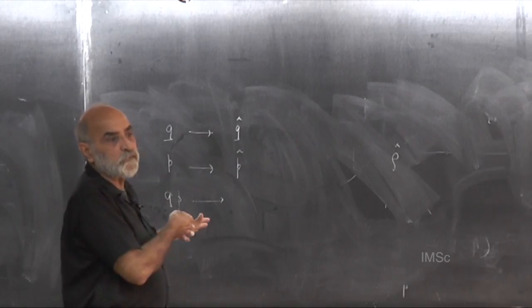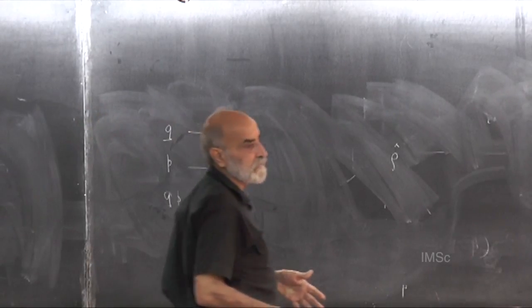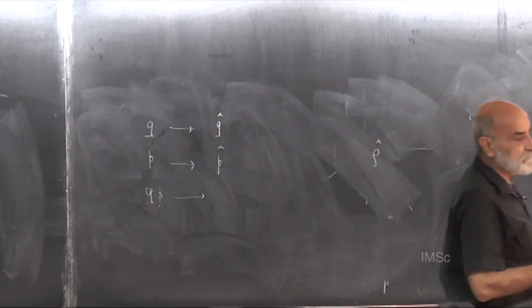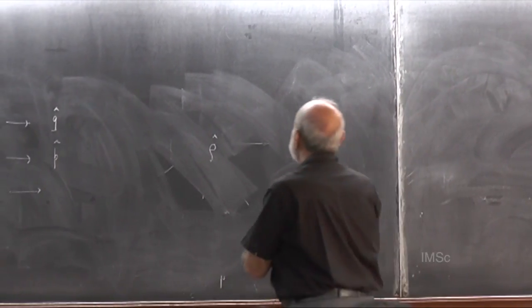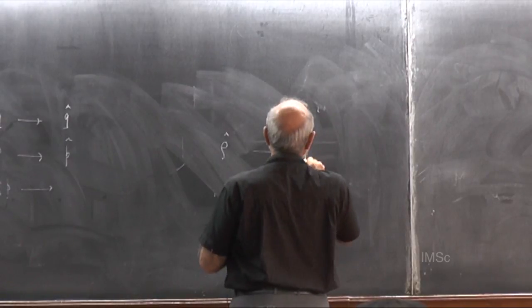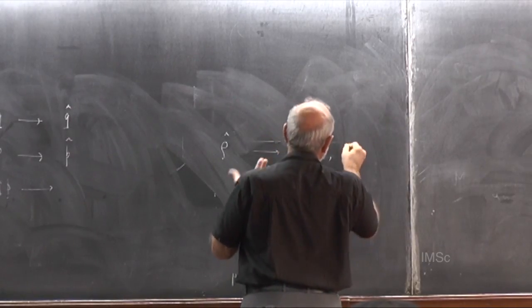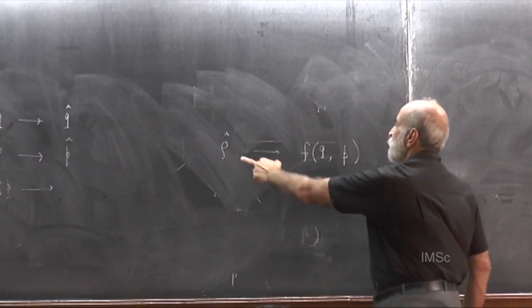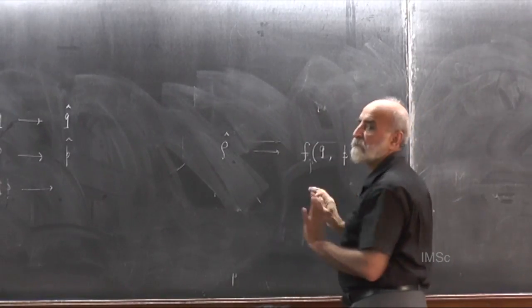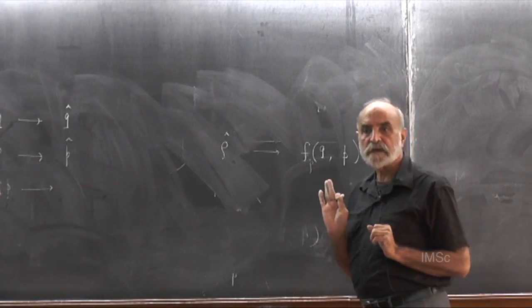What we are going to do is look at various possibilities that exist and have been discussed in the literature in order to associate some kind of a phase space function of C number variables Q and P with a density operator, and this is what we are after. Is that clear?